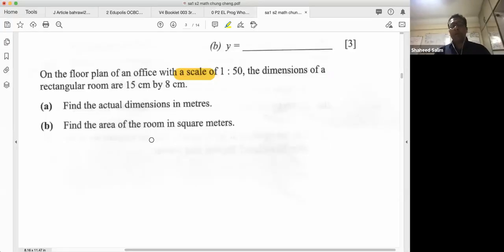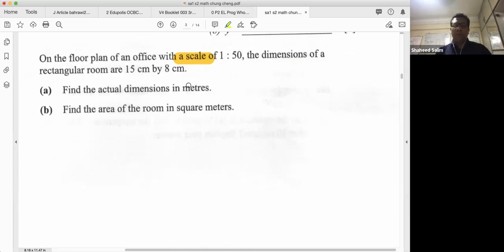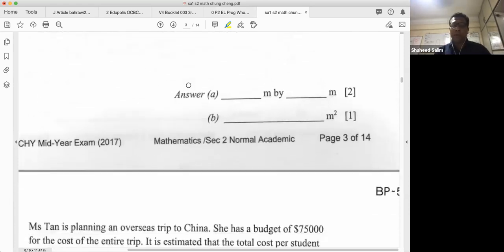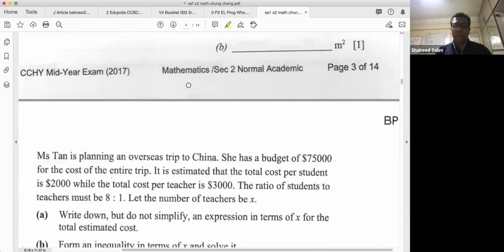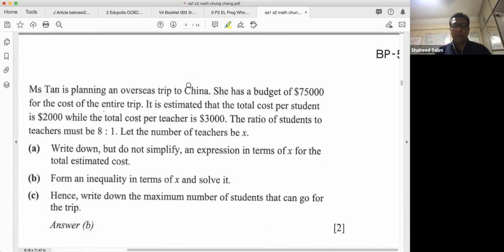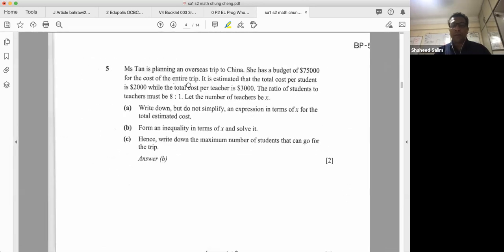Okay, here we go now. This is a sort of ratio. I do not know, this is in the SA1 paper, so maybe I tell you what, we don't do this, we do all the algebra one, because we don't have much time. We have the algebra, like this one down here.